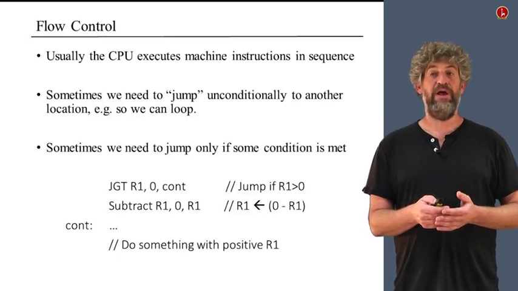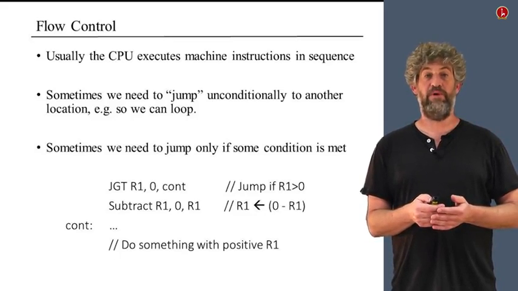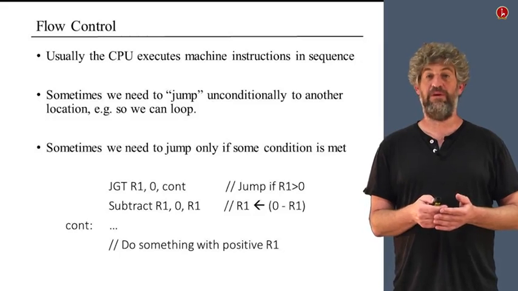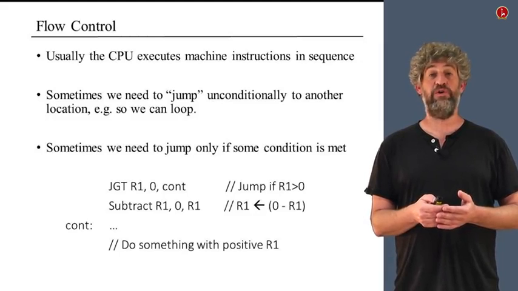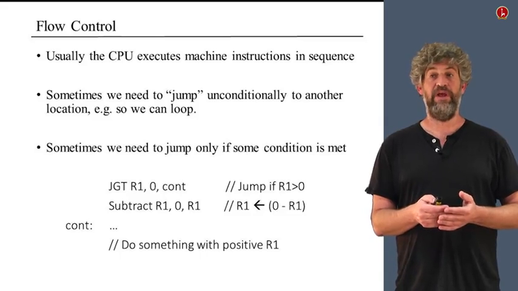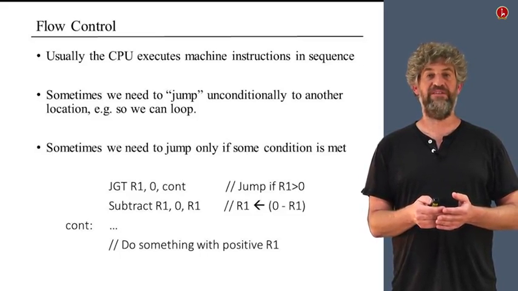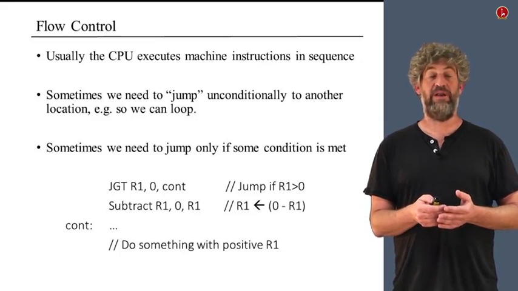For example, suppose I want to do something on the absolute value of a number. So if the number is positive, I just want to do some operation on the number. But if the number is negative, I want to first turn it into a positive and then work on the positive version of it. The way we can do that, we can have a conditional jump. Jump greater than, which means if R1 is greater than 0, I want you to jump to the label cont. This is just a name that I made up. Otherwise, just continue.